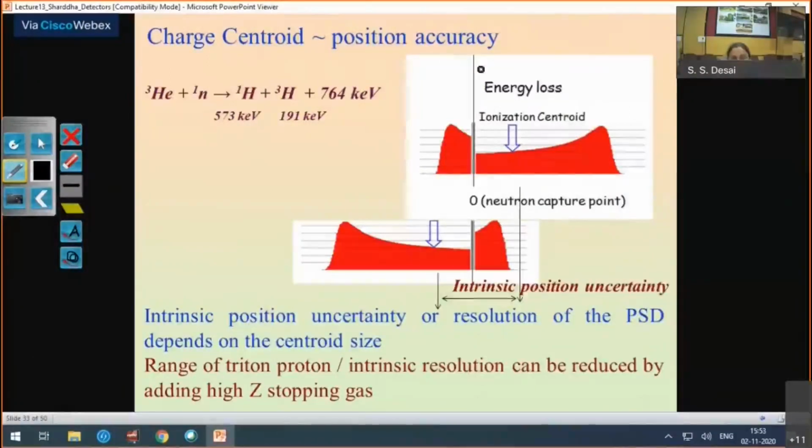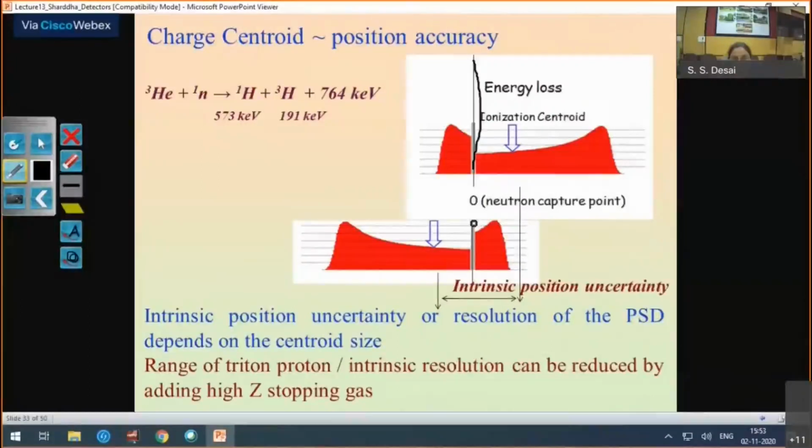Suppose there is a neutron interaction at this point, producing a proton and a triton. The triton loses less energy, losing its energy in a small region, whereas the proton is 573 keV. It depends here on the Z value of our ionizing gas.